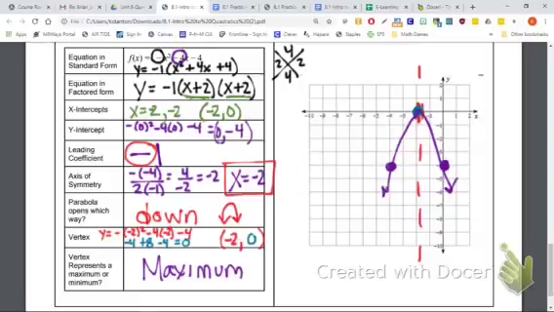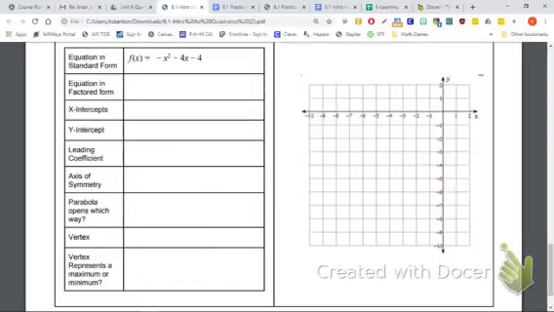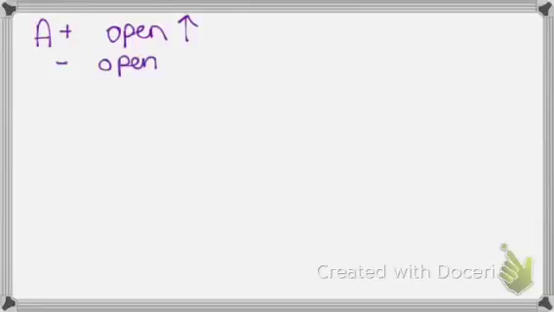Okay? So, real quick, guys, before we wrap up here, I want to talk about just a very quick recap. So, we're going to say here the big things to note. Okay? If our leading coefficient, if A is positive, it's going to open up. If A is negative, it opens down. Okay.